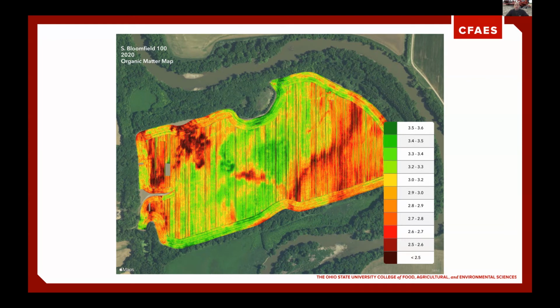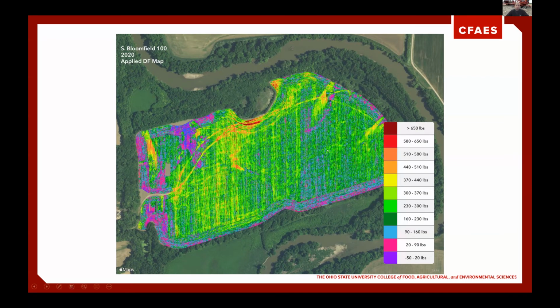This field has been no-till for the lifetime of the field that we've been running in it. We would do some light vertical tillage to prepare the field, but no heavy tillage. This is river bottom. You can see the river as it runs around the field. And we're seeing ranges of organic matter from 2 to 3.5% consistently year to year.